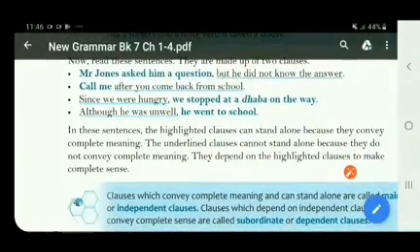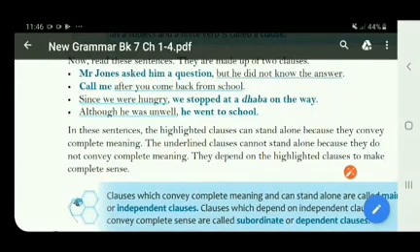Now we see a few more examples given in the book to understand them better. The first one is, Mr. Jones asked him a question, but he did not know the answer. So what is the independent clause in it? It is Mr. Jones asked him a question, and but he did not know the answer is the dependent clause. Second one, call me after you come back from school.